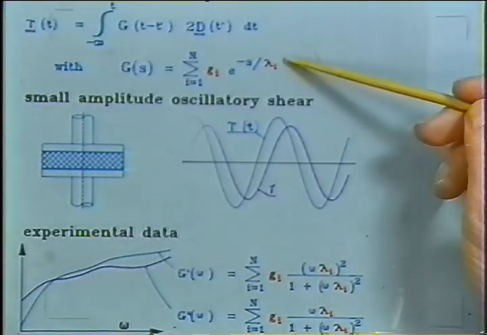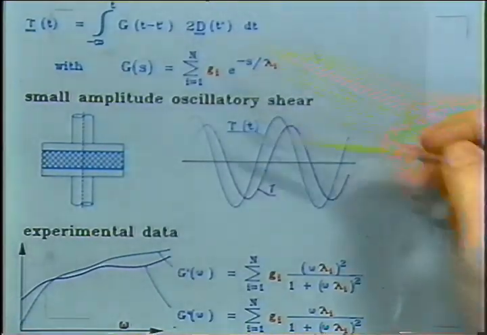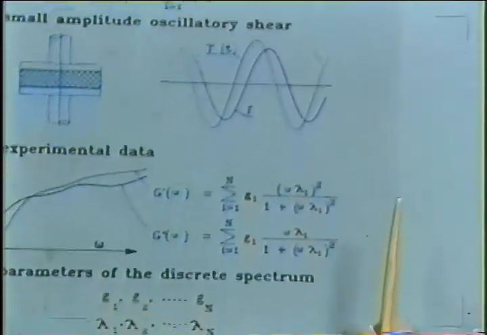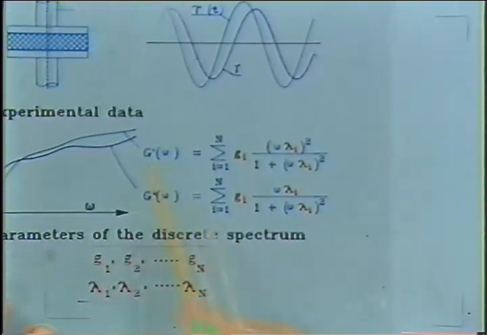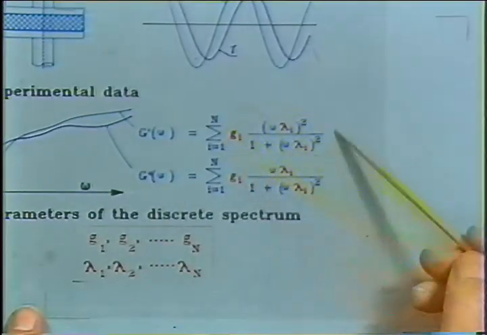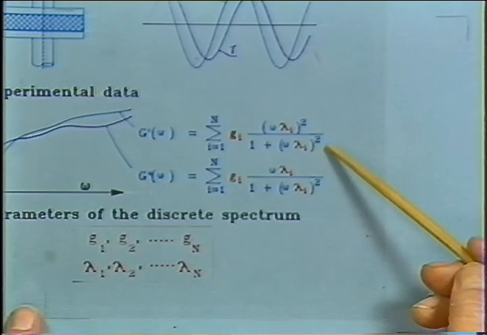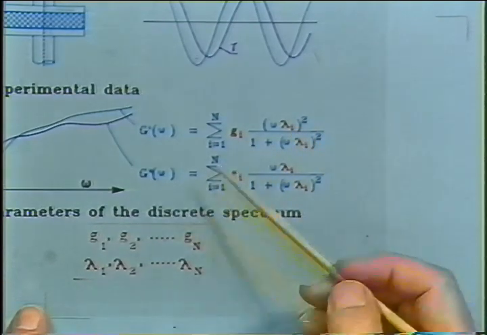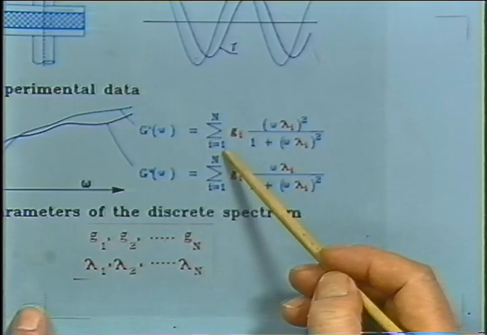So let's stay with the discrete spectrum for the moment. We put in the strain history according to this here, and find that G prime is given as a sum of the contributions of the different Maxwell modes. The parameters are the G_i and lambda_i, where i goes from 1 to n.